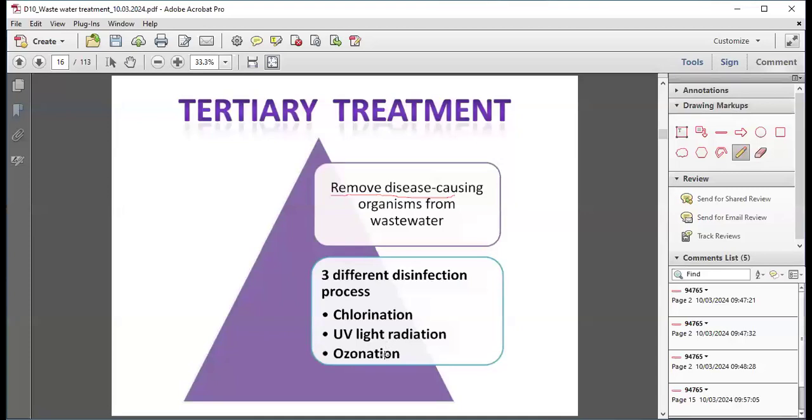But in wastewater treatment, we have to know the concentration: how much chlorine we should input. Normally, you know how much chlorine you store in the well in your house.